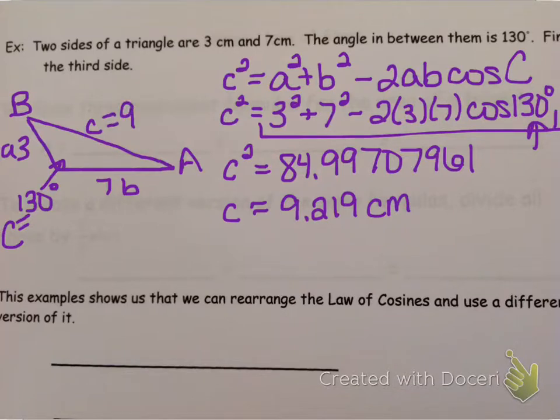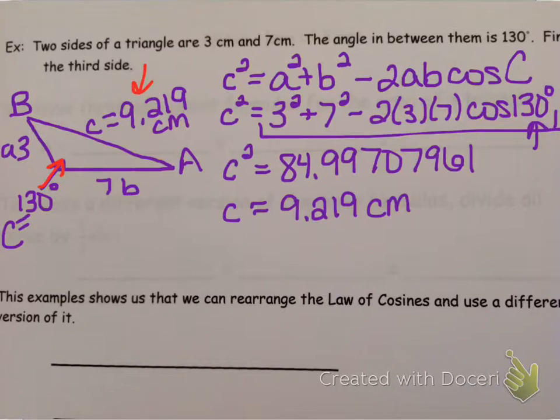Now, one of the things we're going to rely on very heavily in this unit is the geometry of the situation. If you look at the size of this side, that makes side C the longest one of the triangle, which makes sense because it's across from 130 degrees, which would obviously have to be the biggest angle in the triangle.